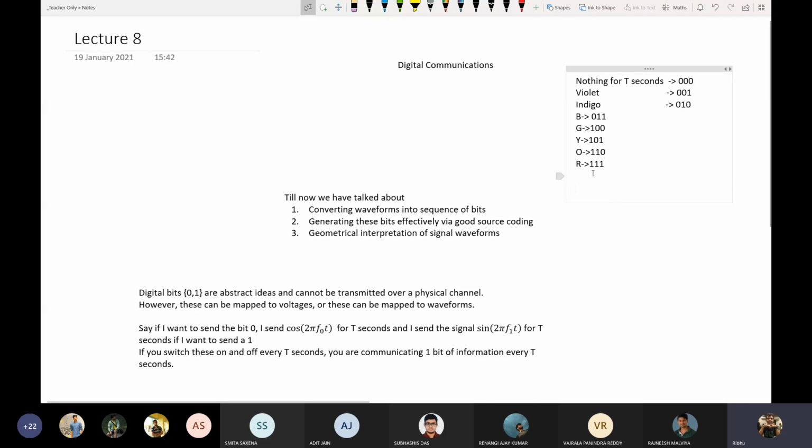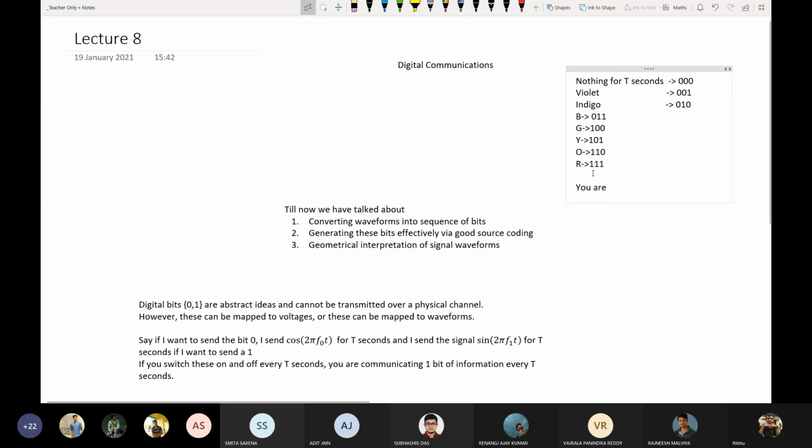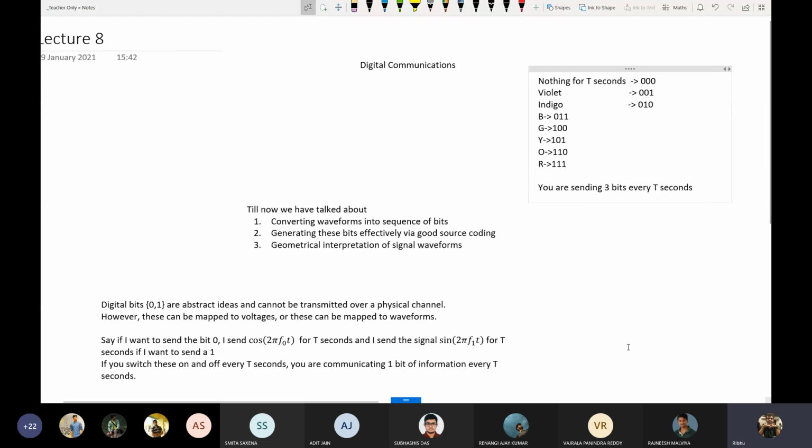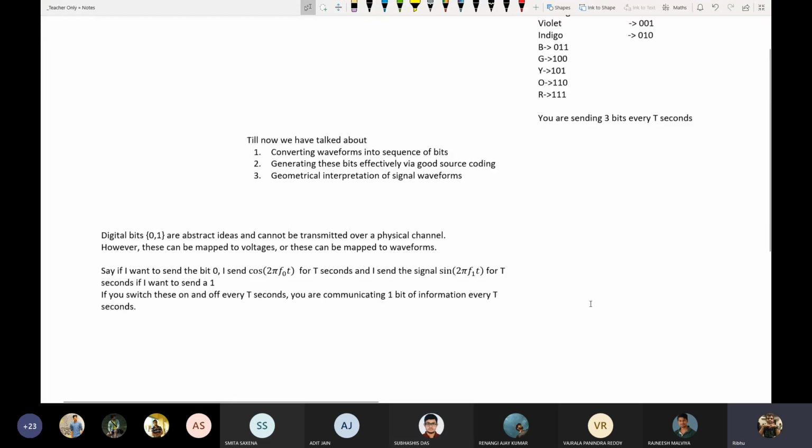So now you are sending 3 bits every t seconds.